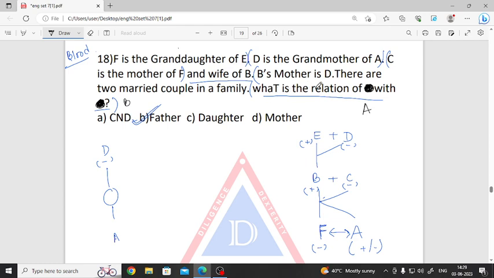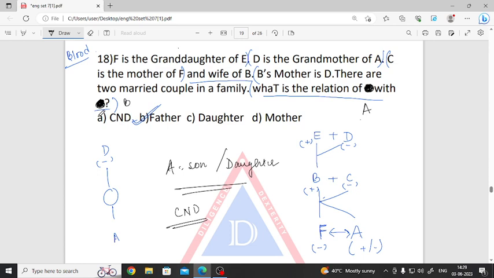What is the relation of A with B? Can we say, is A the son of B or the daughter of B? Can we say that? Because the gender of A is not revealed. So if the question comes, what is the relation of A with B, the answer is C and D, cannot be determined. So then the answer should be C and D.